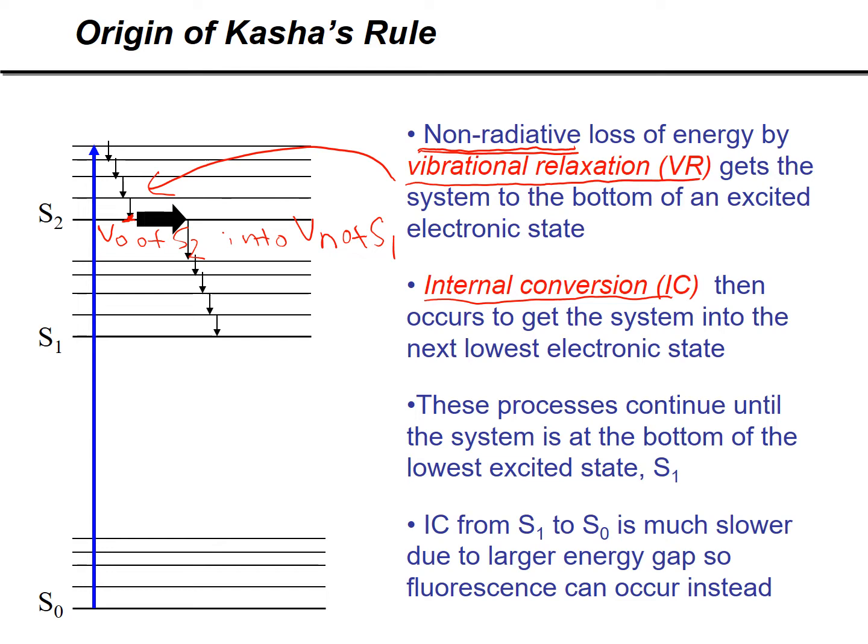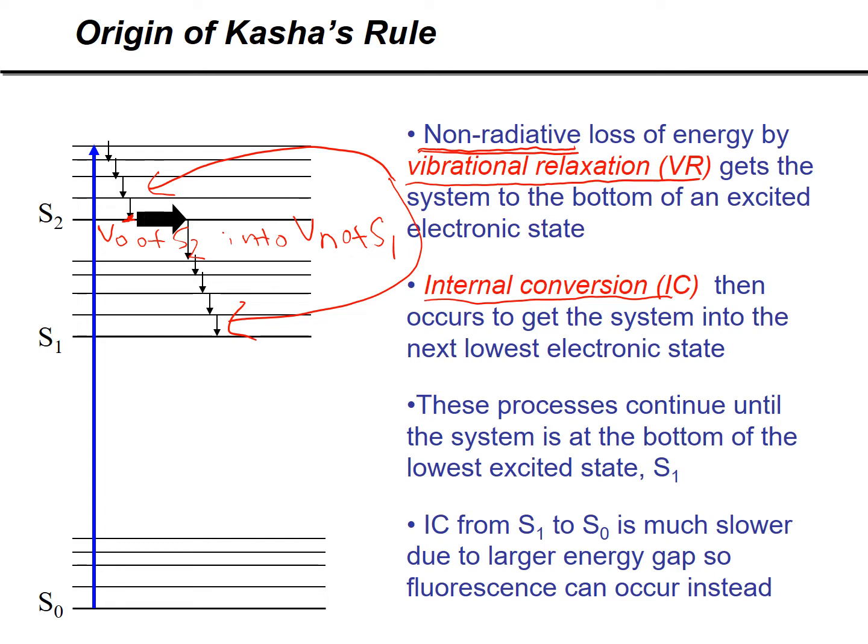And then following that, there's more vibrational relaxation down to the bottom of S1. So these two phenomena, vibrational relaxation and internal conversion, occur to get the system down to the bottom of S1.